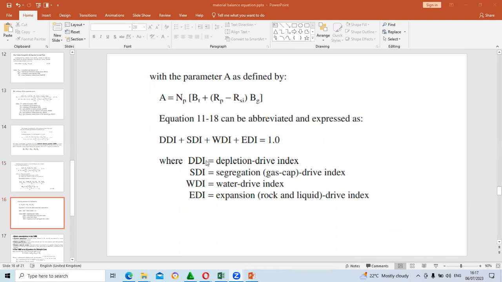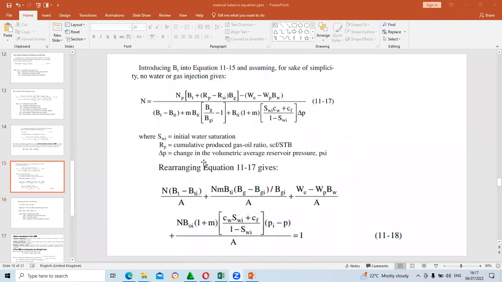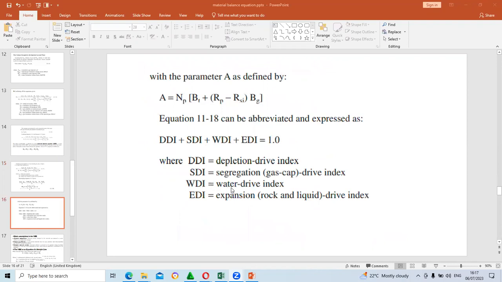So if I'm talking about solution gas DDI, this is the quantity that comes in to influence the reservoir and gives it that particular energy push. What we are going to see week after next, when we get into MBAL software, is that you are able to use production data to determine the energy source of that reservoir, where the energy is coming from.